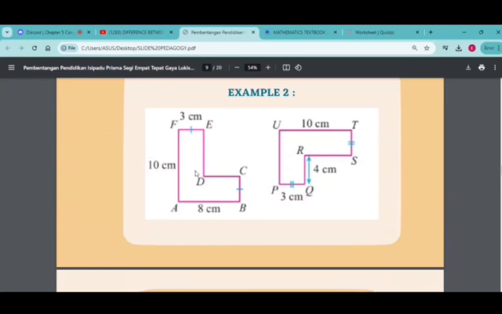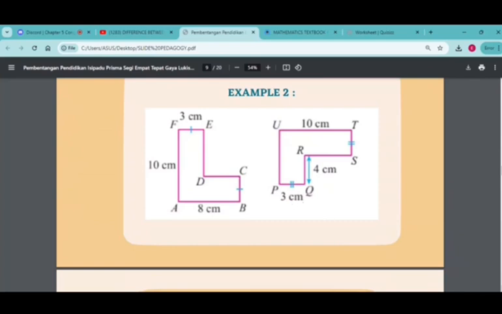How do we call this shape? Panjang sama? Ya, adakah dia punya panjang ini sama ataupun tidak? Untuk BC dengan PQ. Sama.